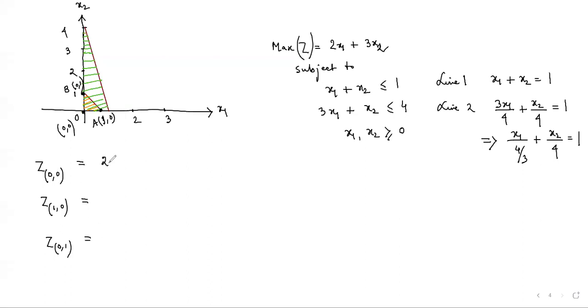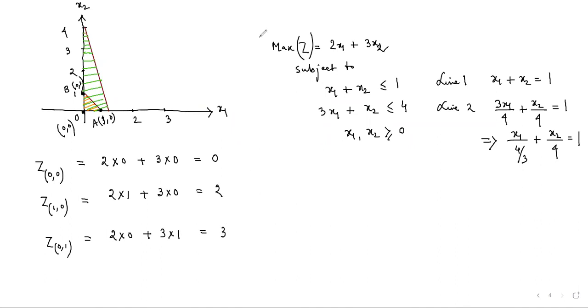And we see that for the first one, it is 2 into 0 plus 3 into 0, which is 0. For the second one, it is 2 into 1 plus 3 into 0, that is 2. For the third one, it is 2 into 0 plus 3 into 1, that is 3.